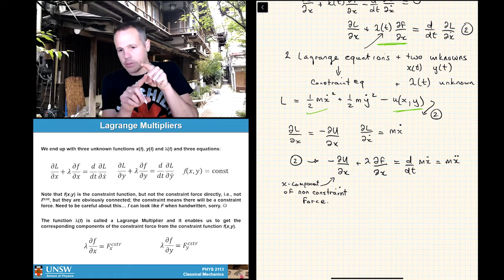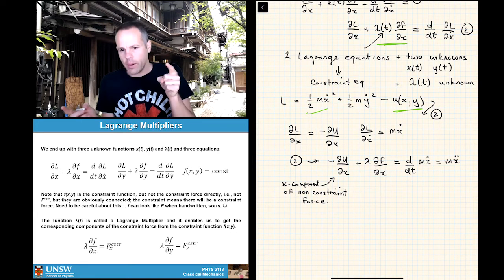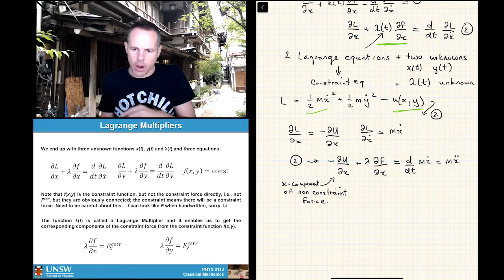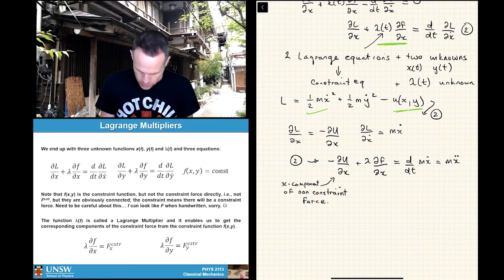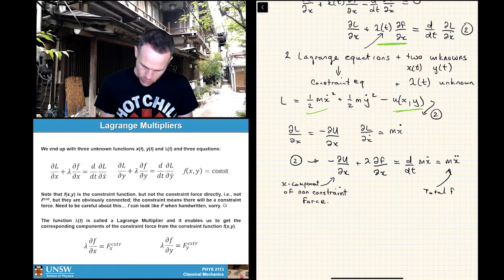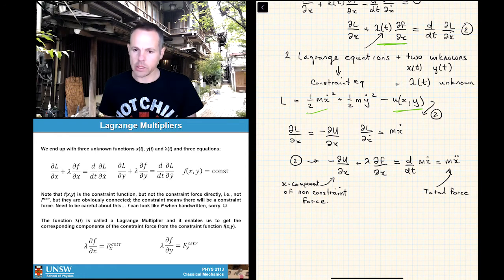In this particular case, for the pendulum, it's gravity, and the tension in the string doesn't turn up in the potential. It's a separate kind of force that doesn't exist inside potentials. And then this term here is the total or net force on the system.